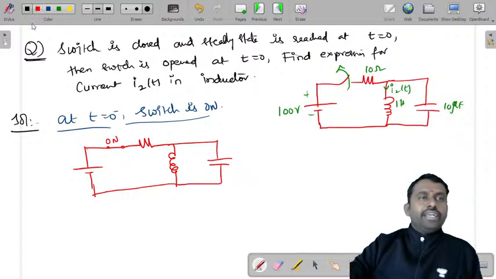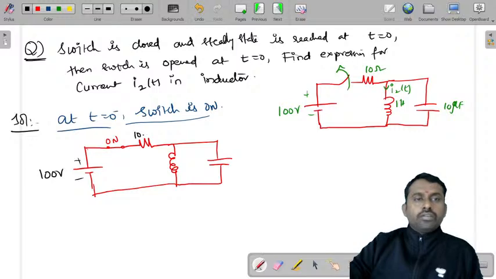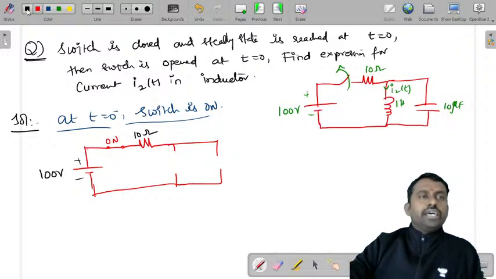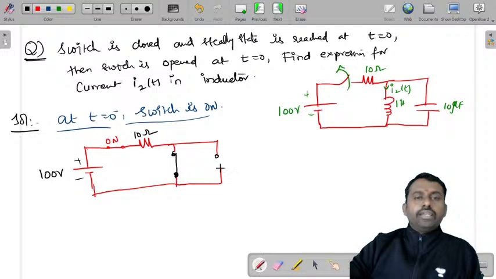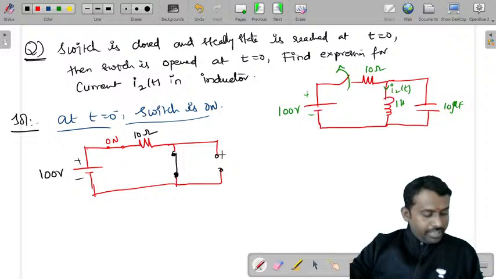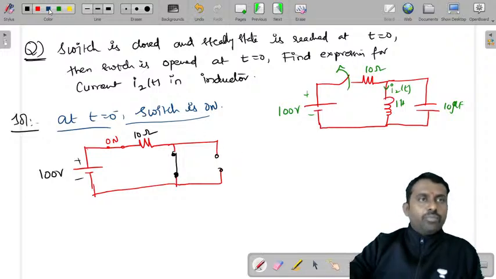So for infinite time, inductor will act as a short circuit and capacitor will act as an open circuit because they are charged.